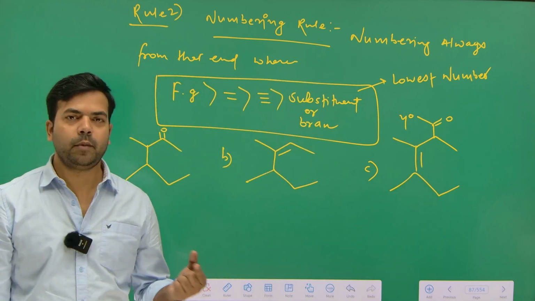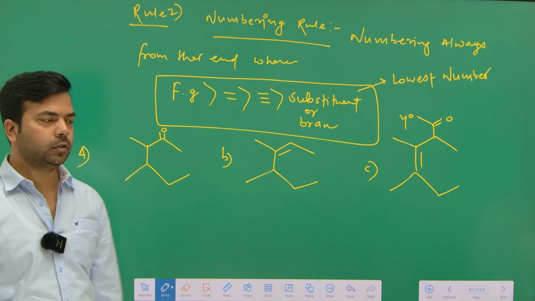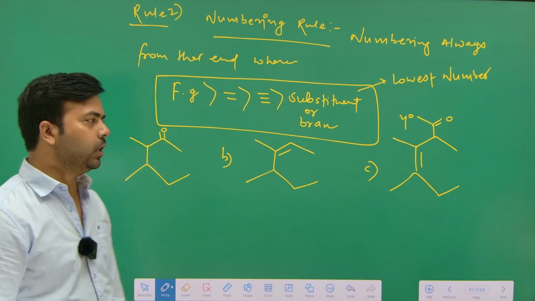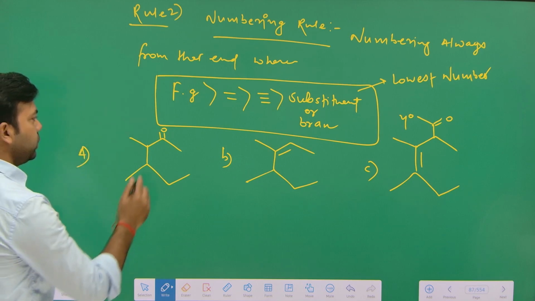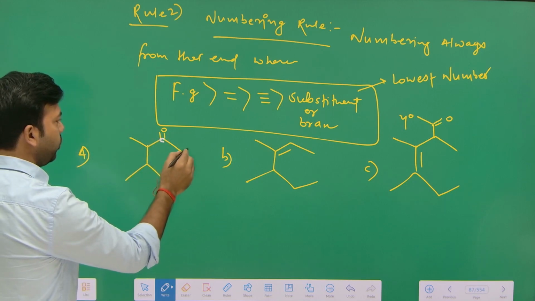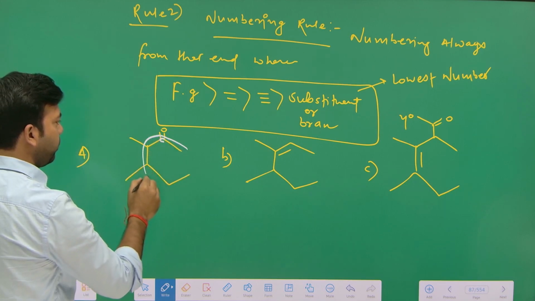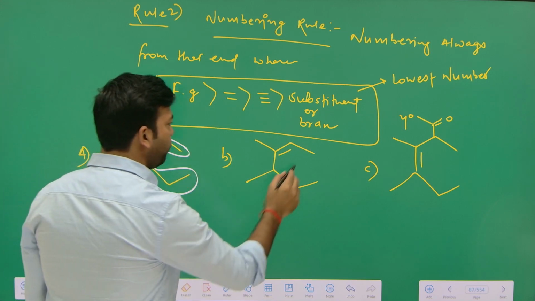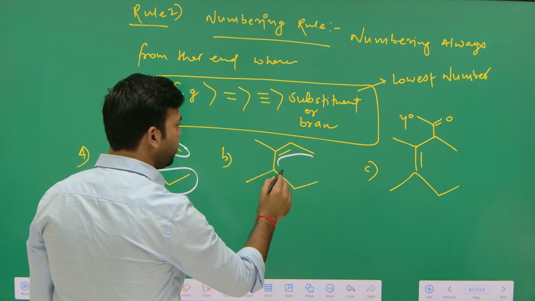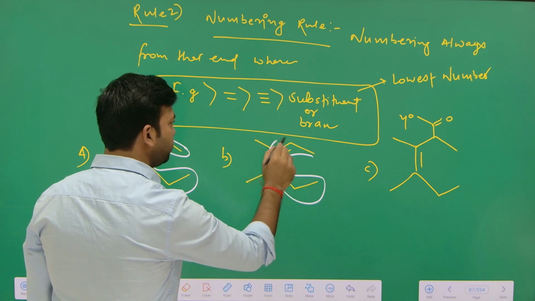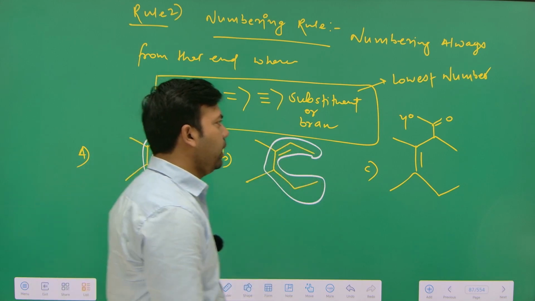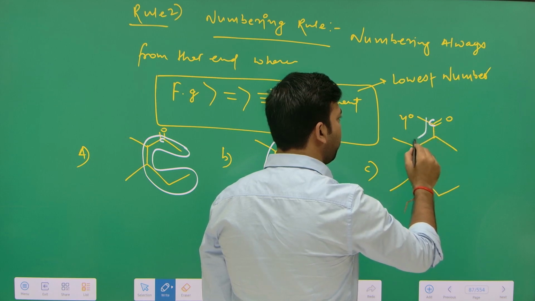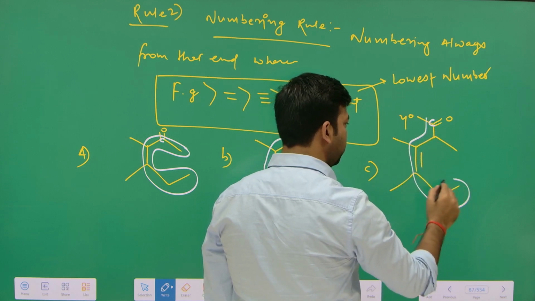So first we have to select the parent chain and then numbering. So look at the parent chain. The parent chain must have the functional group with the longest carbon chain. So this is my ketone functional group, so we can select this carbon chain as the parent chain. Here we have this double bond, which must be in the parent chain with the longest carbon chain. And here this is carboxylic, so it should be in the parent chain. So we can start from here and then take the longest carbon chain.